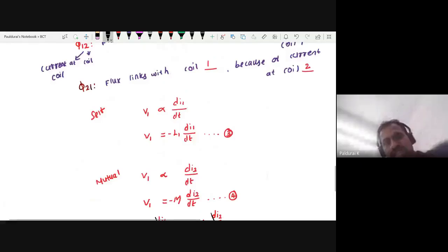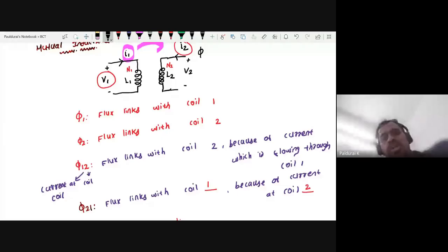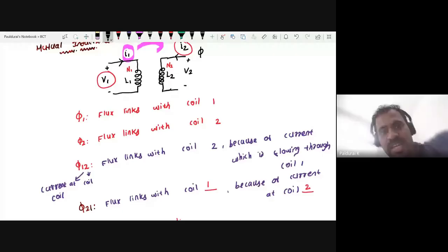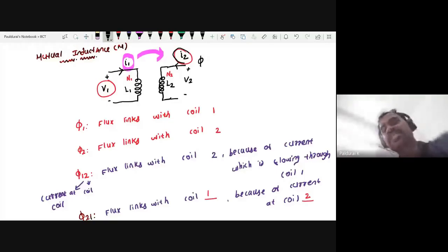Because of the current flowing through coil 2, it produces some flux at coil 1. Is it phi 12 or phi 21? I repeat: because of the rate of change of current dI2 by dt, it produces some flux phi at coil 1. So current is 2, coil is 1, so it is phi 21.